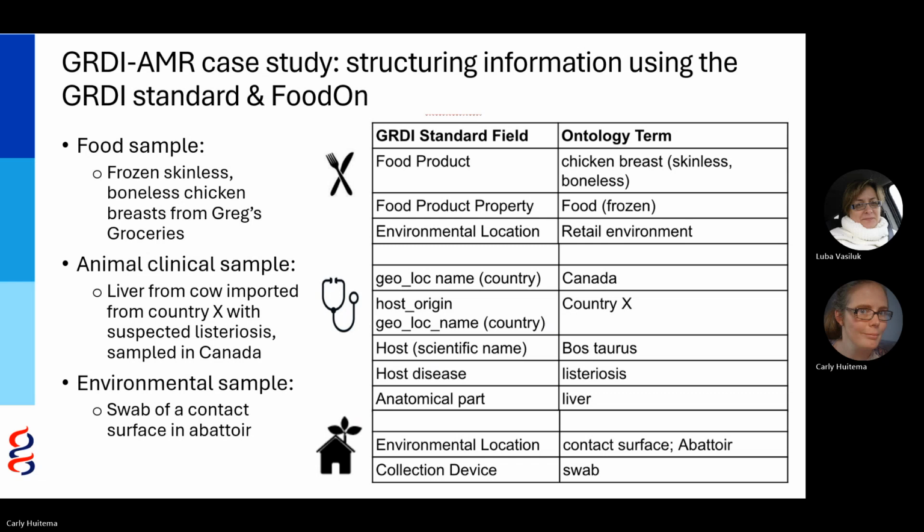So the reason I bring this example to you folks is to show you that your data may play a part in other investigations where we're trying to figure out other kinds of problems. And this is an example of a very wide spectrum of sampling activity.